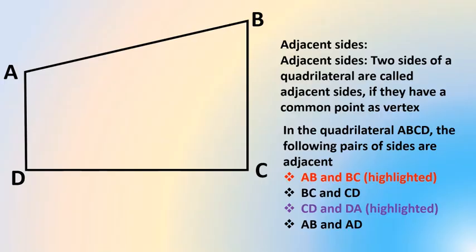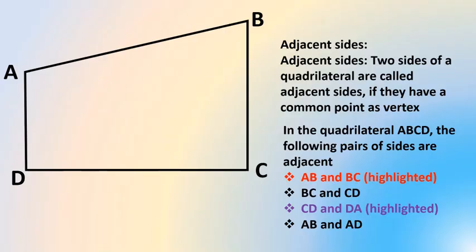When I say AB and AD, the letter A comes in both, and that is the common vertex, remember. Adjacent sides means two sides of the quadrilateral. They are always referred to as two sides, because sides is plural. Adjacent sides.